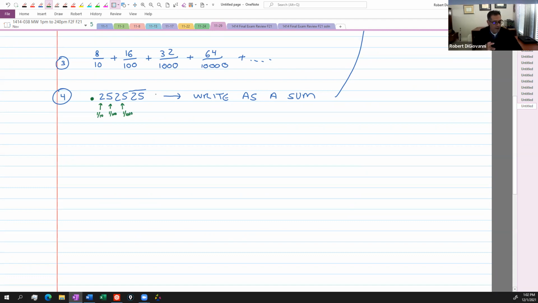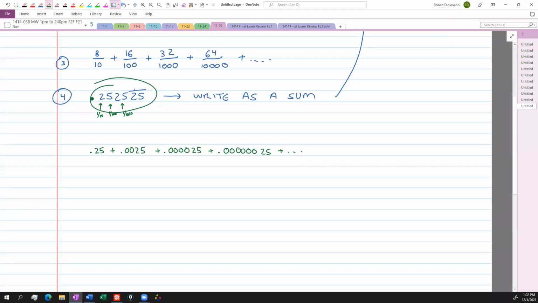So because my pattern repeats 2, 5, 2, 5, 2, 5, I'm going to write it like this: 0.25 plus 0.0025 plus 0.000025 plus, I'll do one more, 0.00000025 plus, and then this keeps repeating. Does that make sense? That if you started to put these together, you would get back this up here? Is that all clear to everyone?